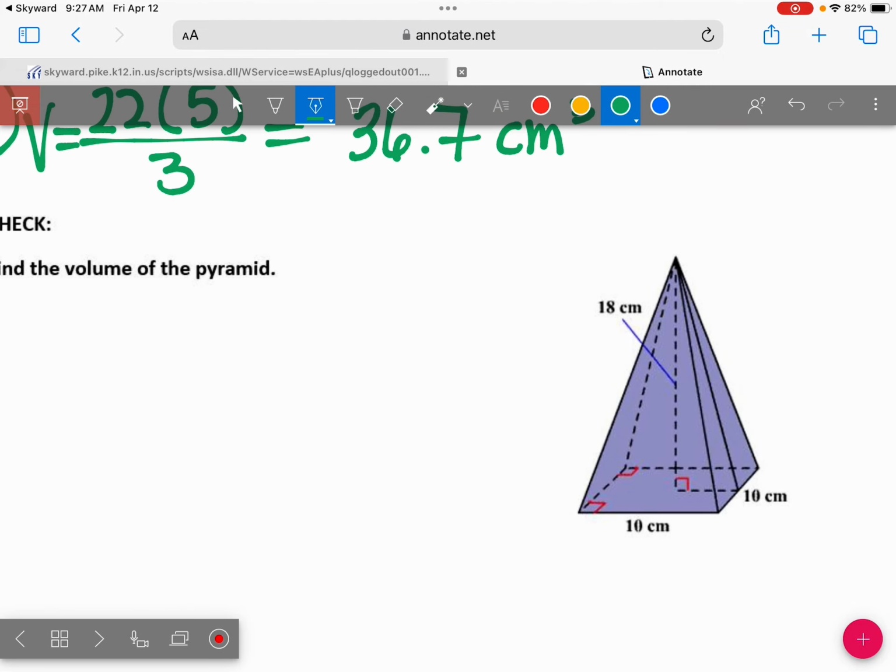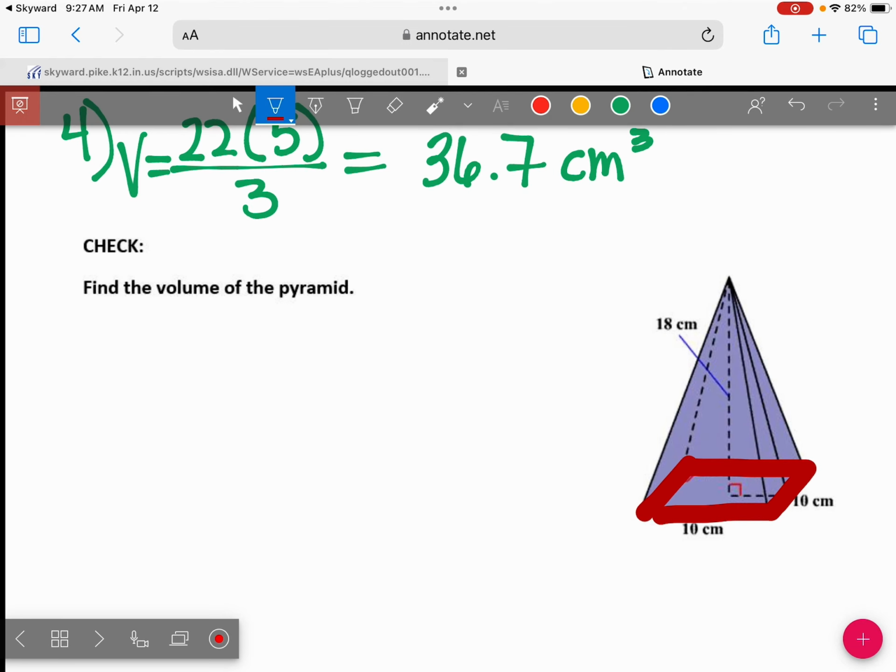All right, our last question is this one. So they didn't give us the area of the base, but what shape do we see at the bottom of this pyramid? A rectangle or a square. What's the difference between a rectangle and a square? Anybody know? Square, all the sides are the same. All sides are the same, okay?